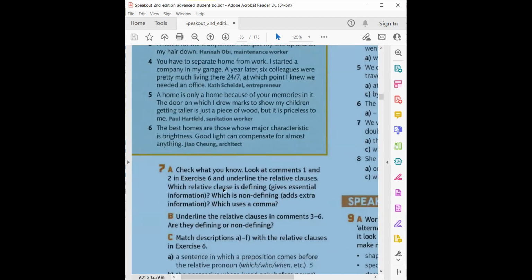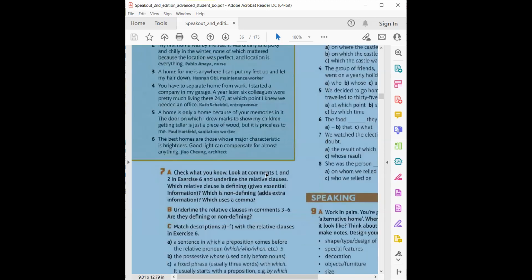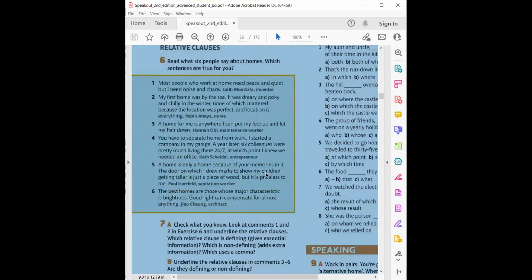Which relative clause is defining, which gives essential information, and which one is non-defining. I think we can do that after the break. Let's have our 10 minutes of break, and after that, we're going to dive into the relative clauses. Enjoy your 10 minutes of break. I'll see you in 10.